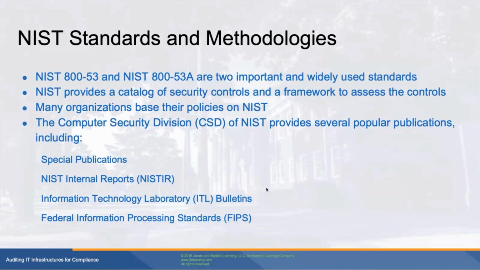Remember, 53 is the controls. 53A is the way to document or gauge the effectiveness of the controls. NIST provides a catalog of security controls and a framework to assess them. So remember, 800-53 is the controls. 800-53A is a framework to assess the controls.